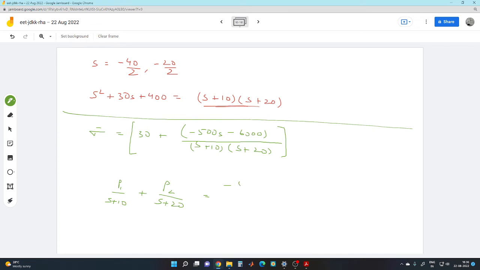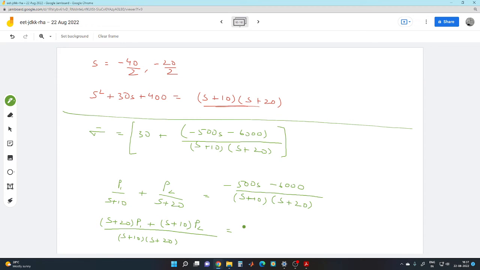It will be equal to minus 500 S minus 6000 upon S plus 10 into S plus 20. So we'll take the common factors here. So we can write S plus 20 into P1 plus S plus 10 into P2 upon S plus 10 S plus 20.